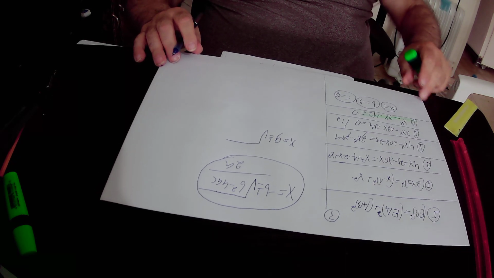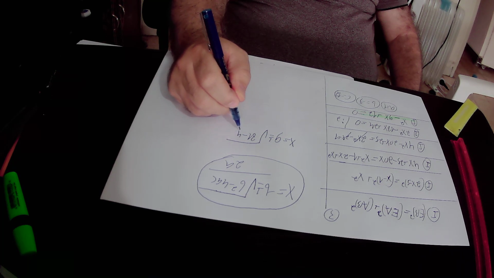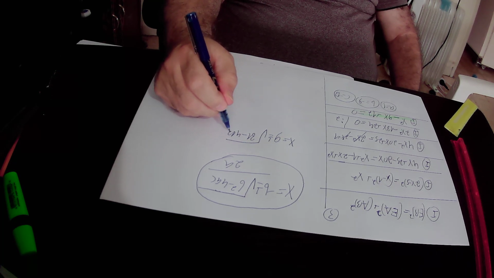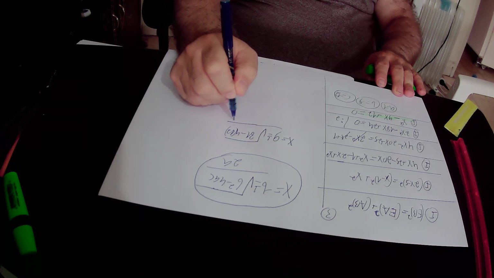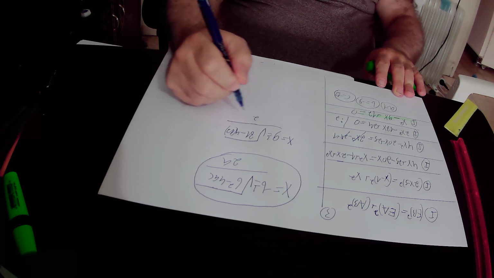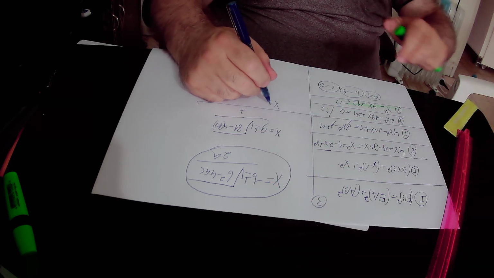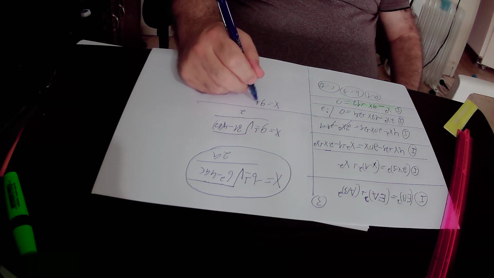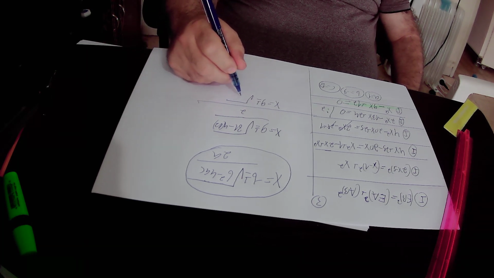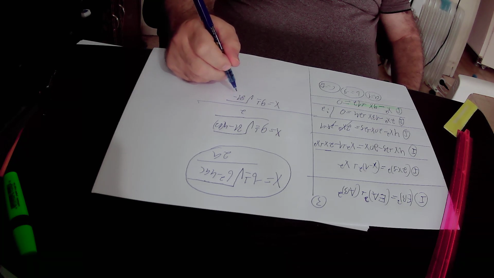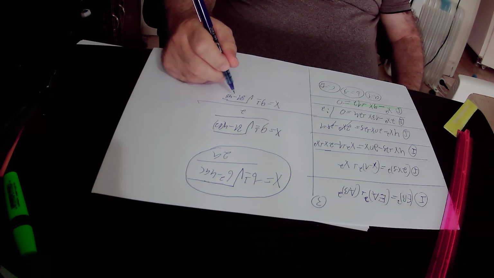b equals minus 9, so b squared is minus 9 squared, that is 81. Minus 4 times a is 1, times c is 12, over 2a. a is 1, so 2a is 2 times 1, that is 2. So here x equals 9 plus minus square root of 81 minus 4 times 12, which is minus 48, over 2.